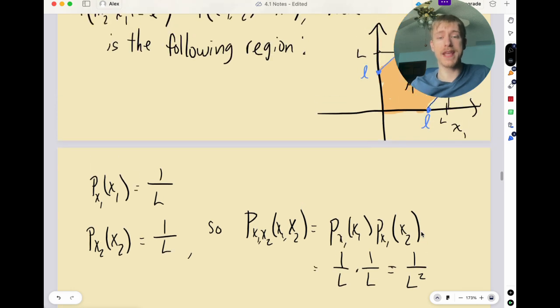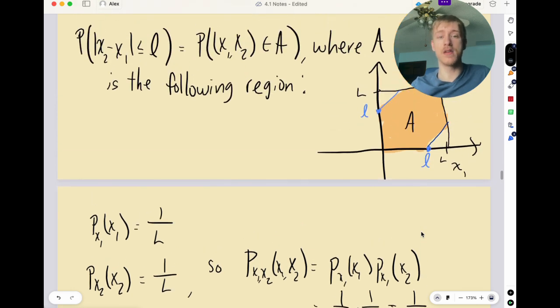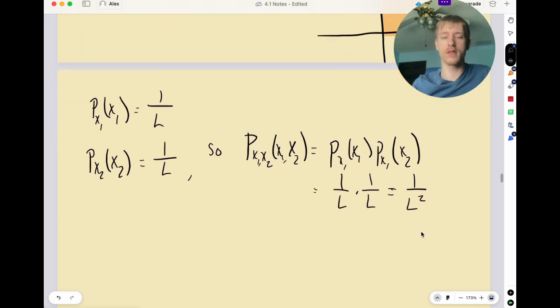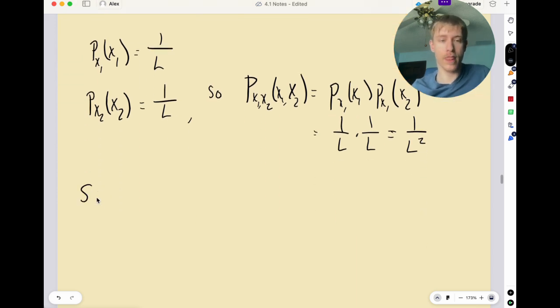So now we should be able to integrate this fairly easily, because there's no dependence on x1 or x2 whatsoever.